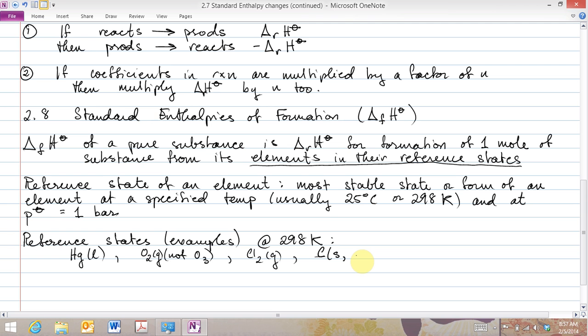You've got buckyballs, you've got diamond, but actually the most common stable form is graphite. So we do need to denote the reference states in terms of its physical state, solid, liquid, gas, and also in terms of its, well, molecular composition, I guess.